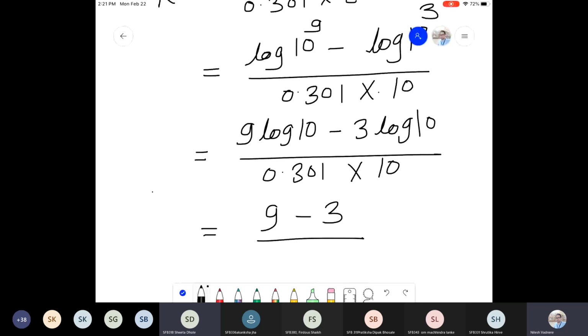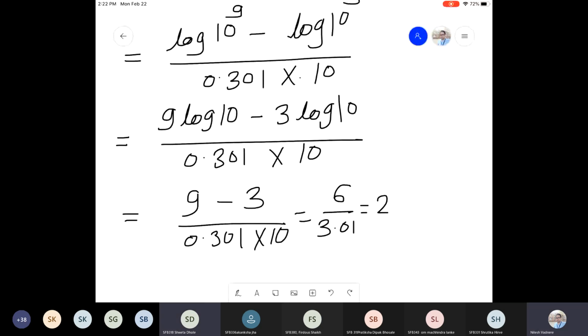9 minus 3 divided by 0.301 into 10, so it is equal to 6 divided by 3.01. तो 3 ये 01 हम neglect कर सकते हैं, so it will be equal to 2 generations per hour.